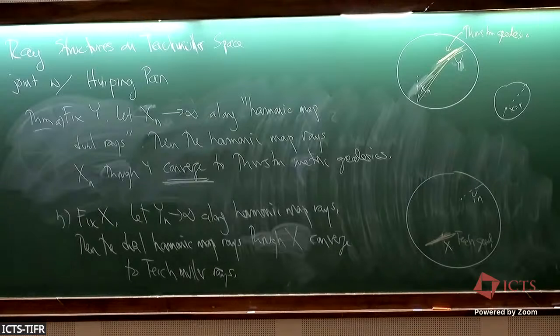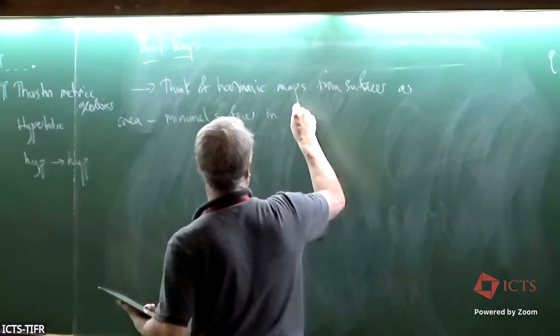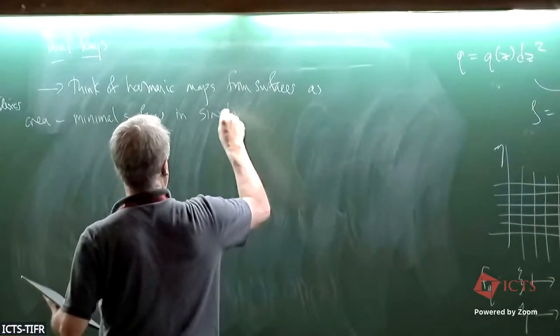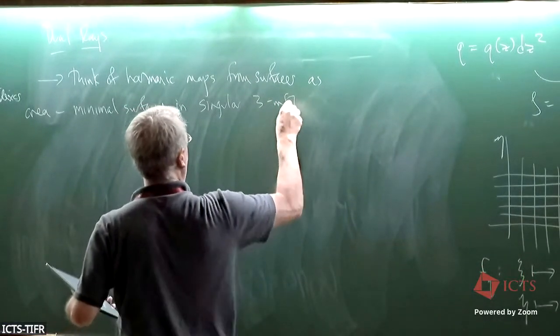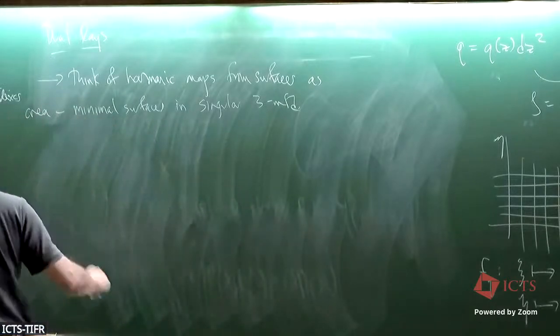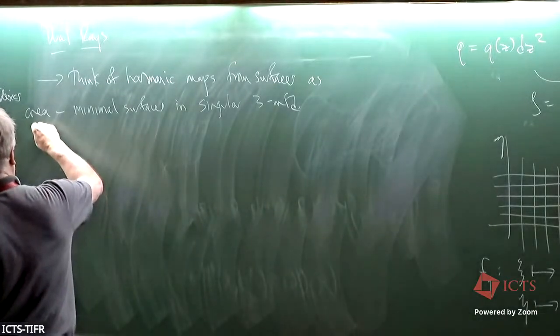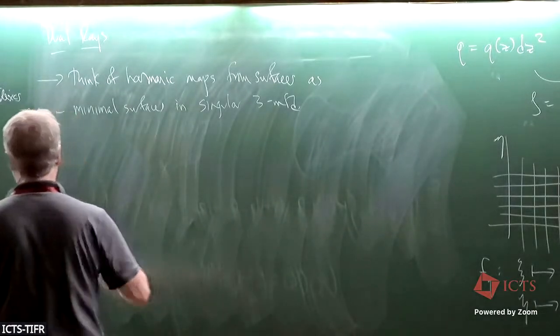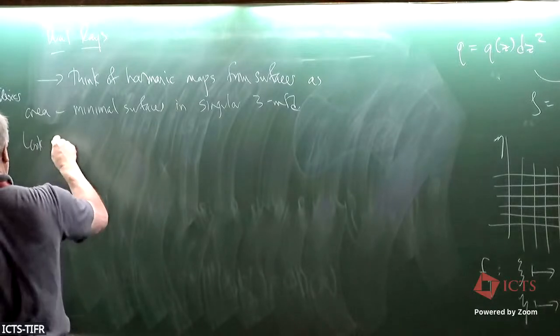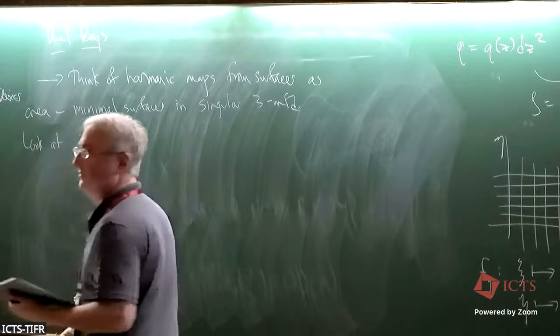This is with respect to, maybe I'll say area minimal surfaces in a singular three-manifold. And here's what I mean. We drew this picture of, I'm going to look at the lift of Q on the universal cover S.